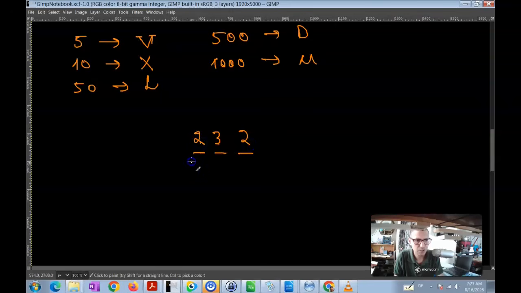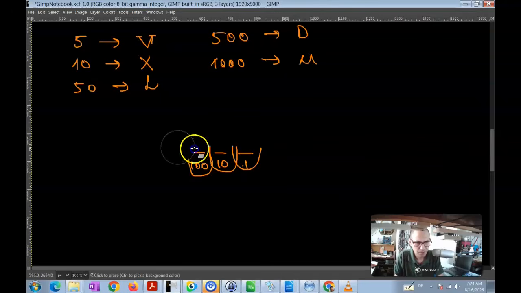This 2 is in the hundreds place value, this 3 is in the tens place value, and this 2 is in the ones place value. So automatically the value of this 2 becomes 200, the value of this 3 becomes 30, and the value of this 2 becomes 2, and 200 plus 30 plus 2 is 232, right?